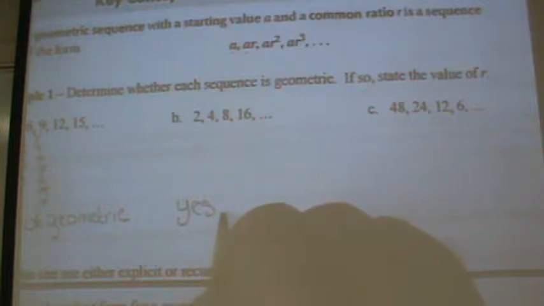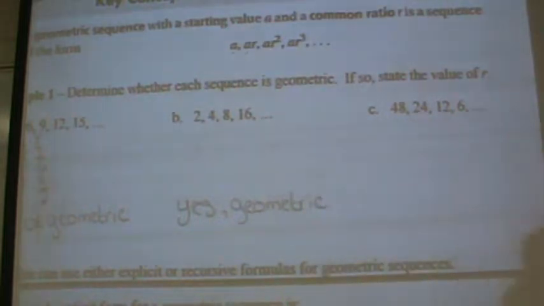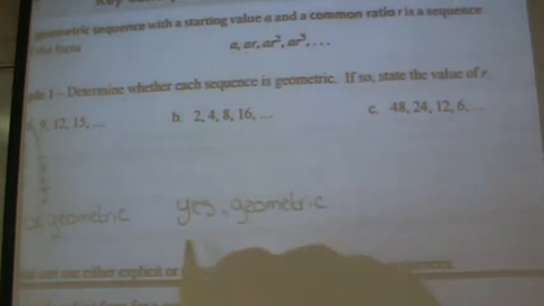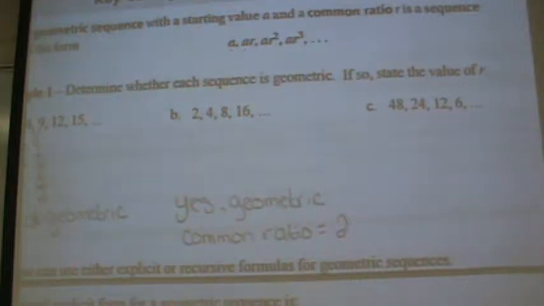Yes. Okay, and how did we find that? The same way. What's our common ratio? And how did you find that? It always goes back to how you found it.